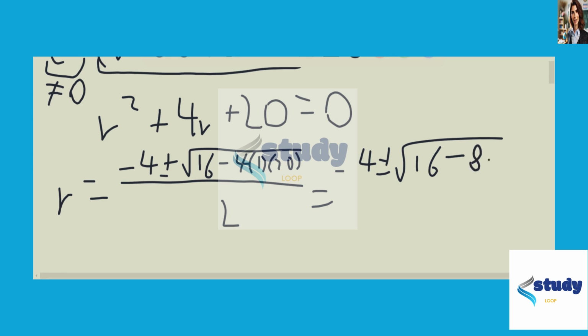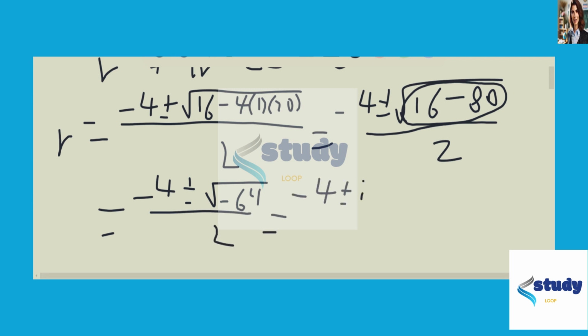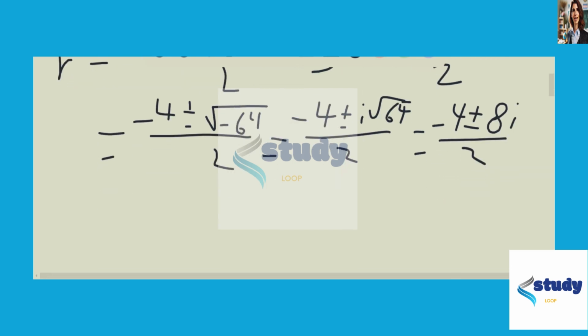We can see from this square root that it's going to be negative, so we'll have imaginary roots. This is equal to -4 plus or minus the square root of 16 minus 80, which is -64, over 2, which is -4 plus or minus i times the square root of 64, since the square root of -1 is i, over 2. The square root of 64 is 8, so -4 plus or minus 8i over 2 equals -2 plus or minus 4i.